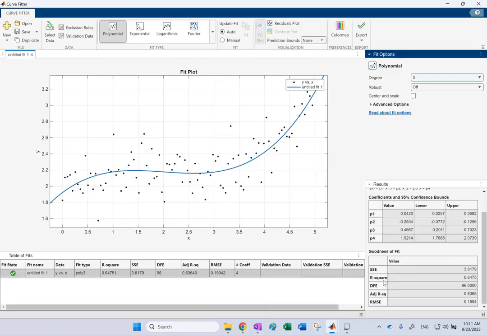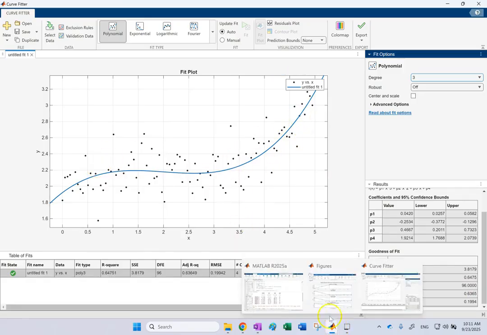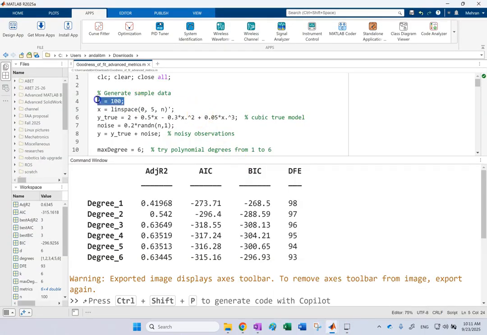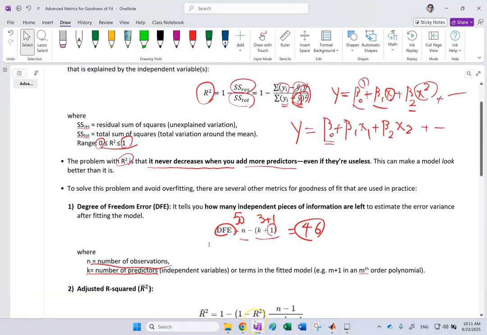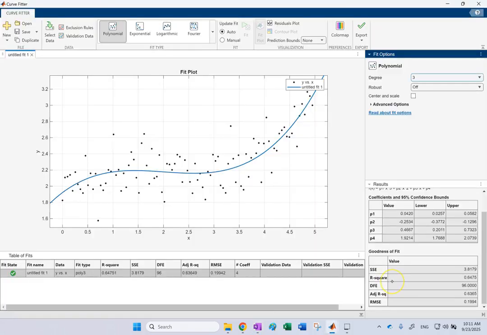And you can see that in this case now, actually, my bad, it was 100 data points, not 50. Let me look at my code here. Yeah, it's 100 data points, not 50. So sorry for that. Therefore, my DFE is going to be 96, and you can see that it is shown in this app over here.